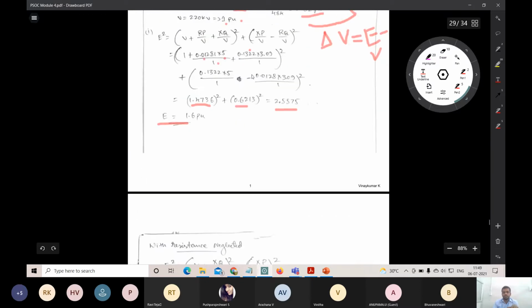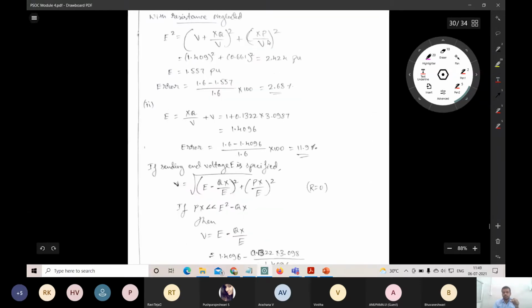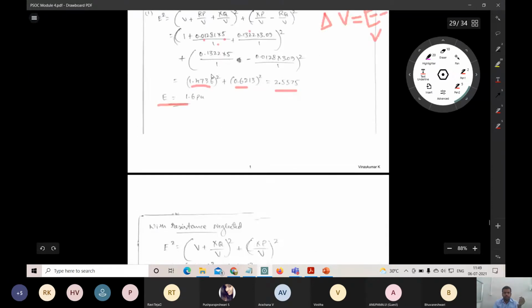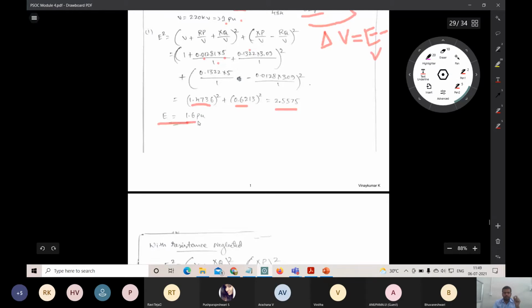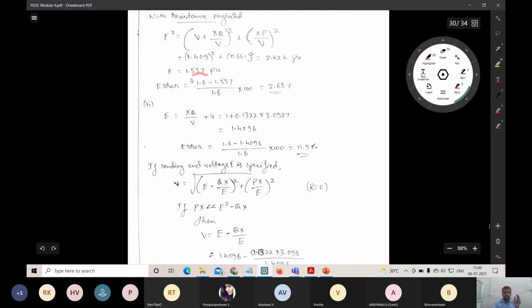So straight away, sorry, here R is neglected, right? Resistance is neglected. So Xp by V whole square. Substitute the value, you will get 1.575 per unit. So with resistance 1.6 per unit, with neglecting the resistance 1.5 per unit.